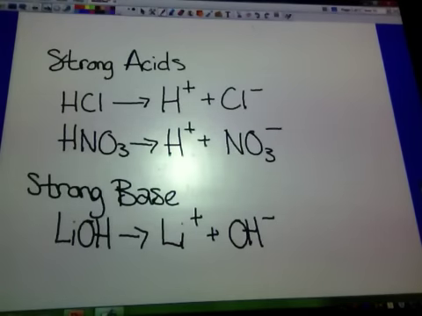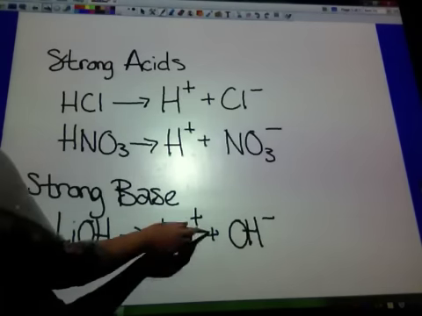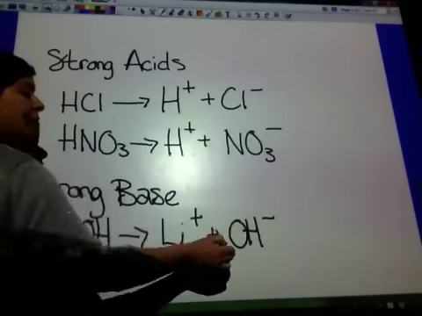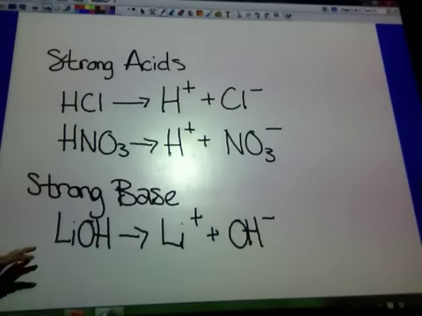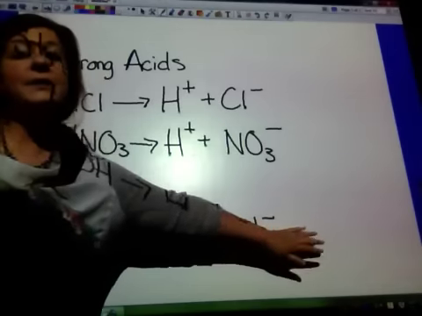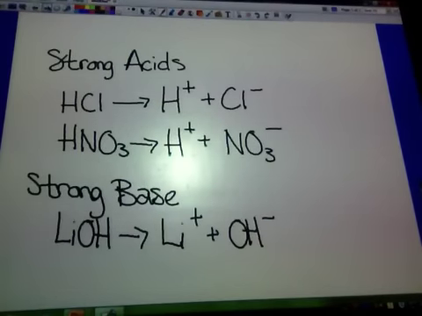A strong base is the exact same way. So lithium hydroxide, when it dissociates in water, is going to break apart into lithium ions and hydroxide ions. I don't have any of that lithium hydroxide on the product side. It's just completely breaking down.